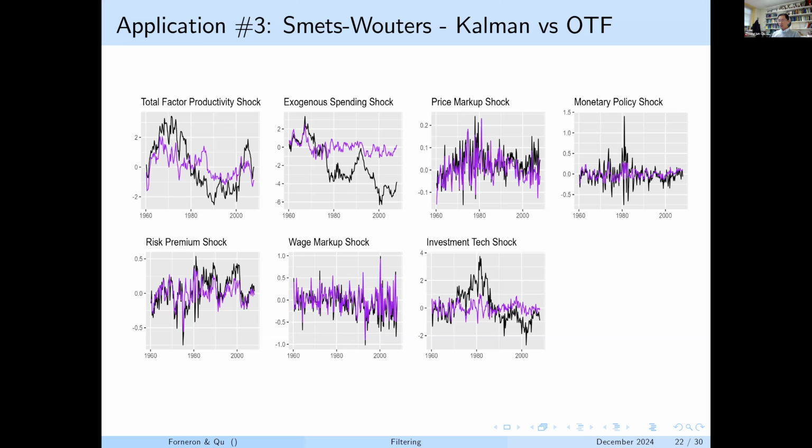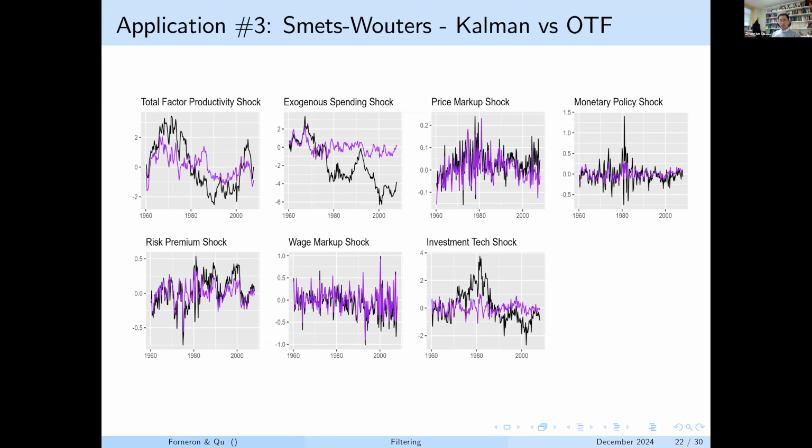So that's again hard to interpret. At the same time, if you look at OT filtered values, these values do tend to be positive around 1980, which is consistent with the interpretation of monetary policy tightening during that time period.